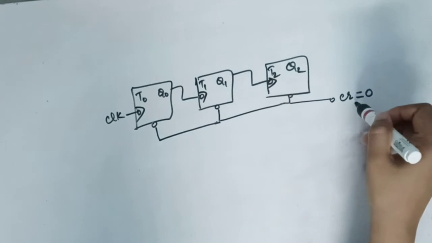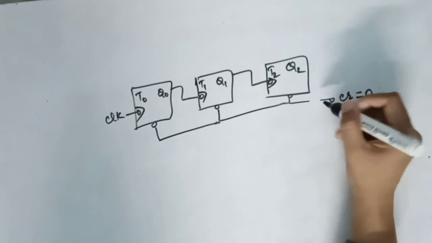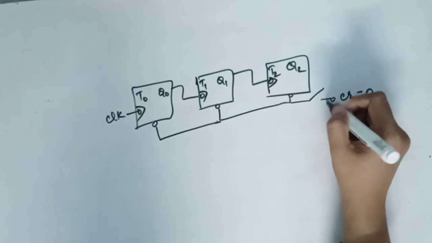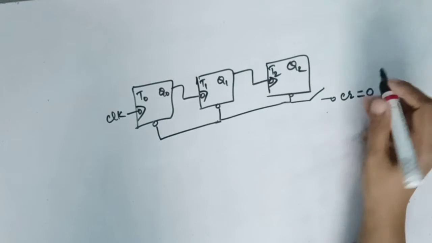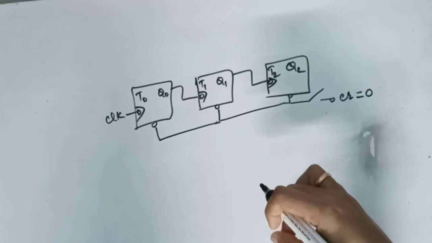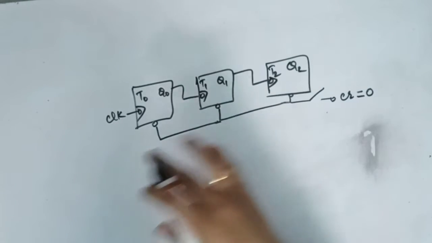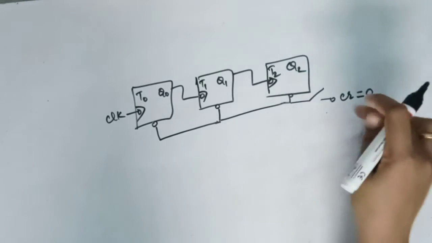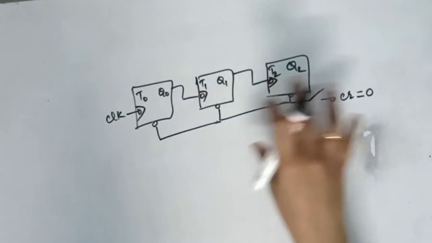Then I'll make clear equal to 1. So I'll give a switch here. First I'll keep the switch in the off position, making it 0. All become 0. Then I'll make it on so that no more clear is applied.